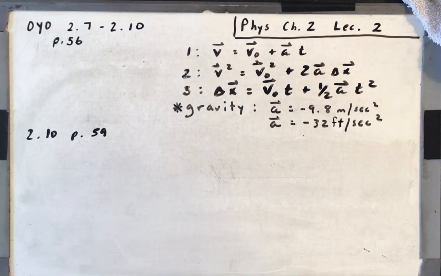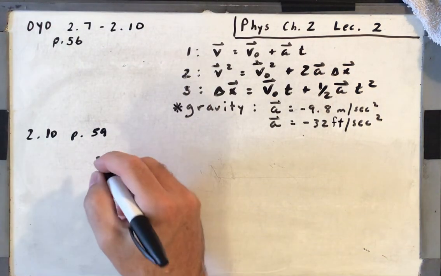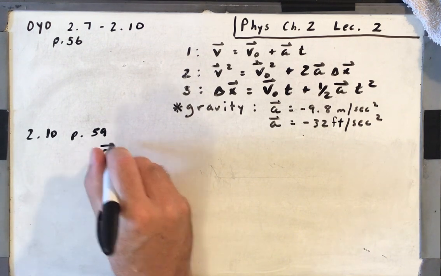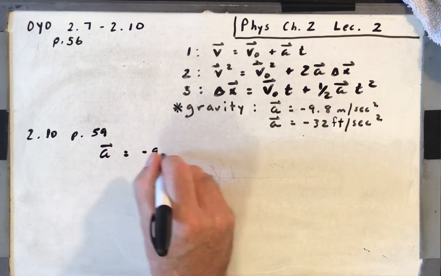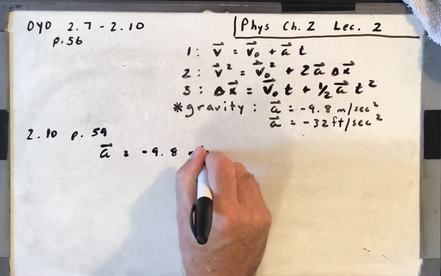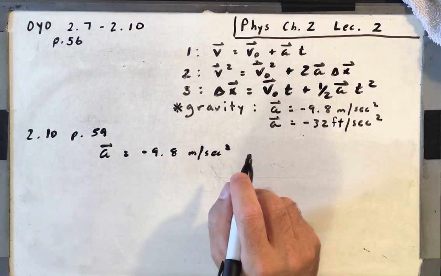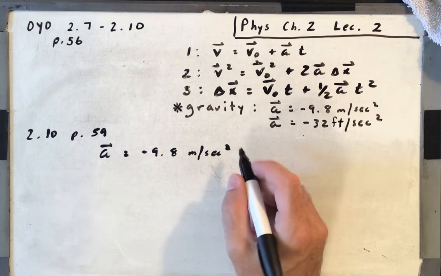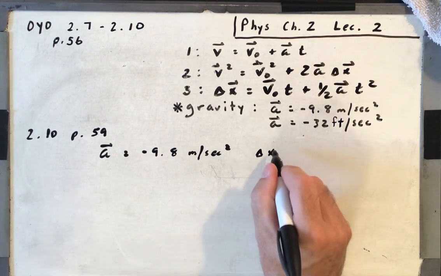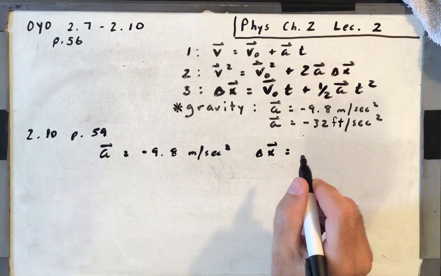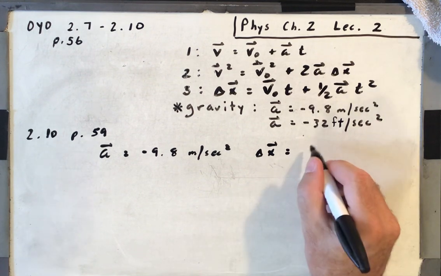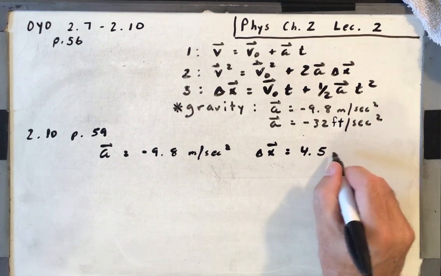And the first thing that we know is acceleration due to gravity. We're in meters, so that's negative 9.8 meters per second squared. We know the displacement. It was thrown up into the air, and its maximum height is 4.5 meters.